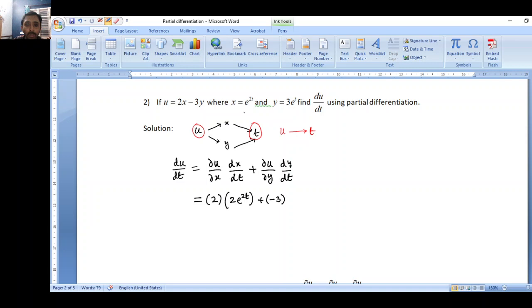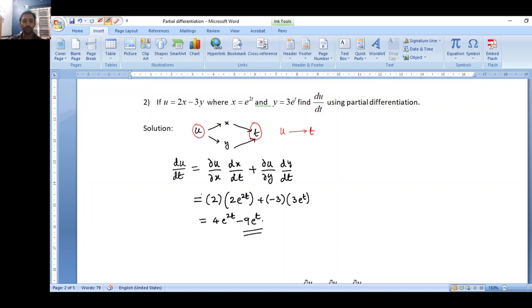And dy by dt, from this, will be 3 e to the power t. So effectively, this is 4 e to the power 2t minus 9 e to the power t. Of course, you cannot simplify this any further. So this will be the required expression for du by dt.